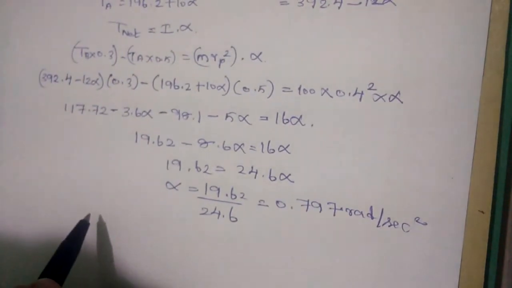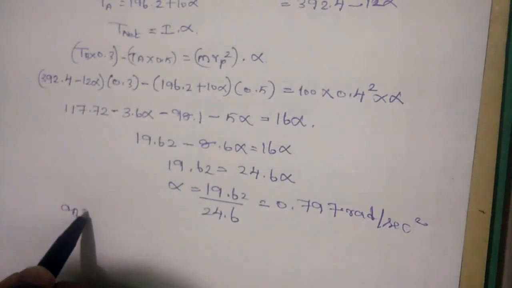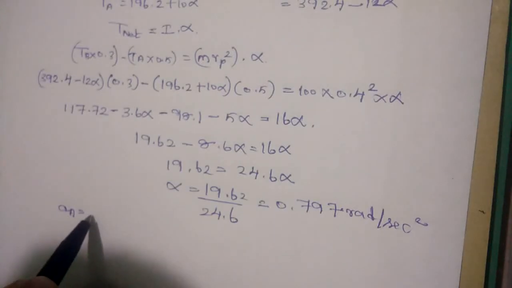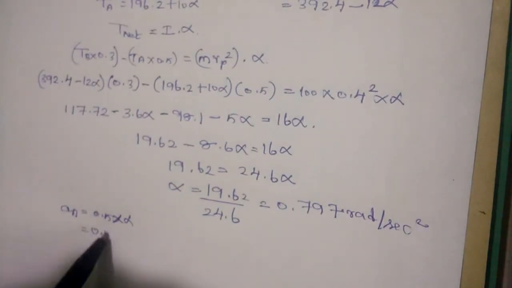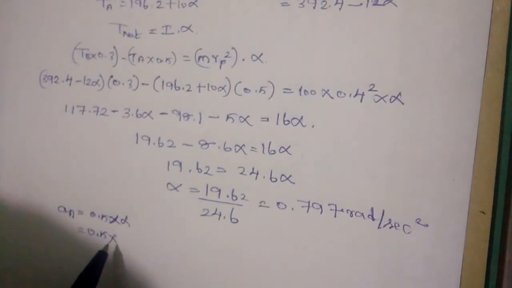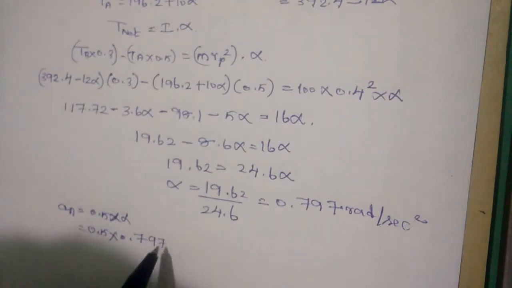Now, since alpha is known, the linear acceleration of cylinder A can be written as A is equal to 0.5 into alpha, which is 0.5 into 0.797.